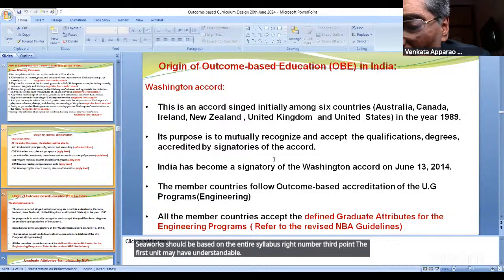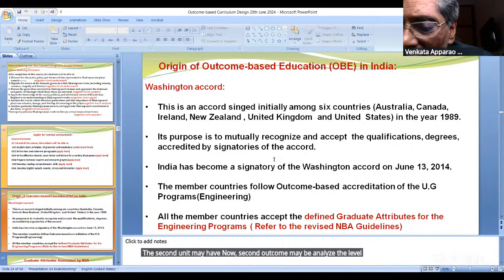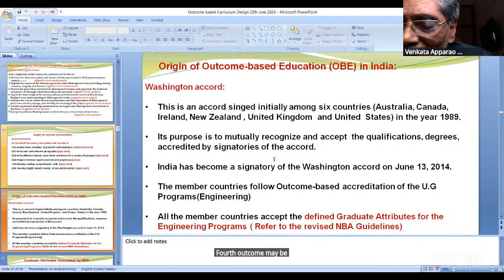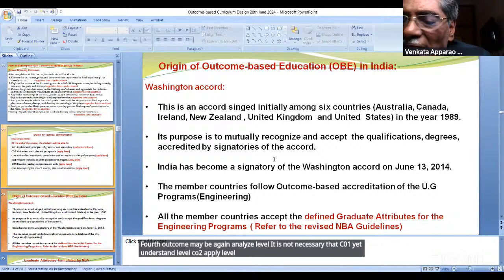The second outcome may be analyze level. Third outcome may be apply level. Fourth outcome may be again analyze level. It is not necessary that CO1 be at understand level, CO2 apply level, CO3 analyze level. That is not necessary at all.